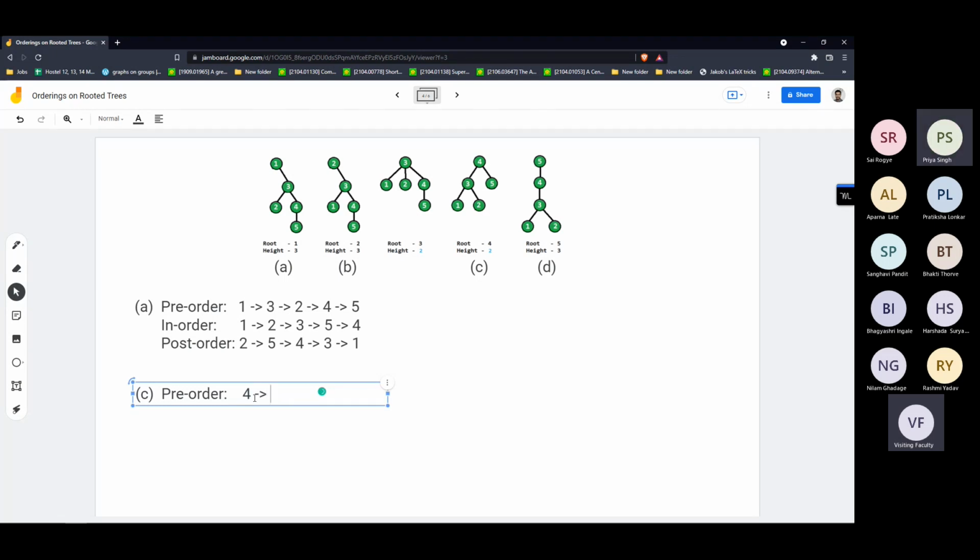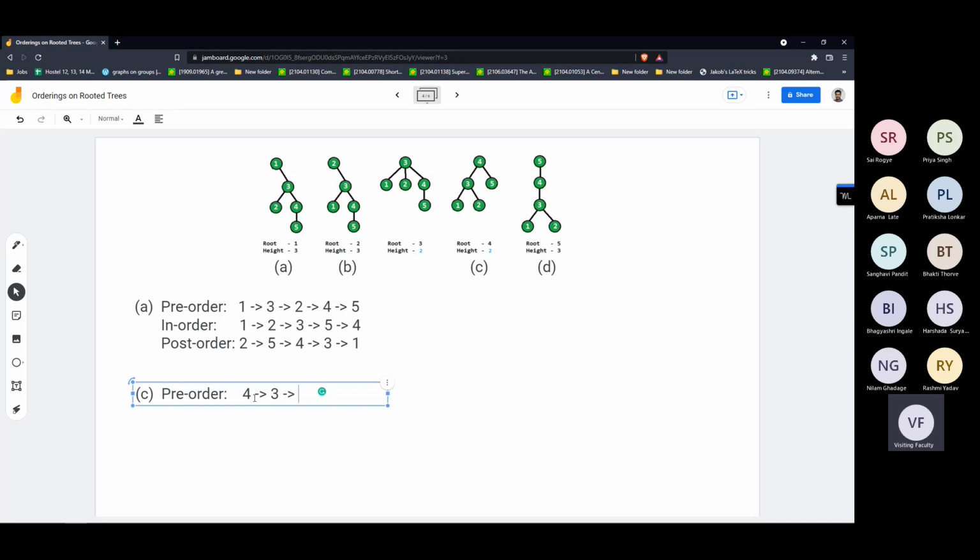Then left subtree of 4. 3. Why is that? Because that's the root of the left subtree of 4. Just give some explanation. Don't just say the number. Say something.